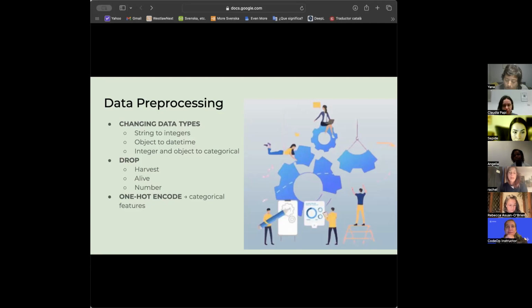The number was an ID for a particular tree or seedling that had been tested, so it also wouldn't provide much information to our model, and we thought it best to drop that particular feature. We did one-hot encoding for the categorical features, and we had a lot of them. So that's a lot of one-hot encoding to do during the data preprocessing. Next slide, please.